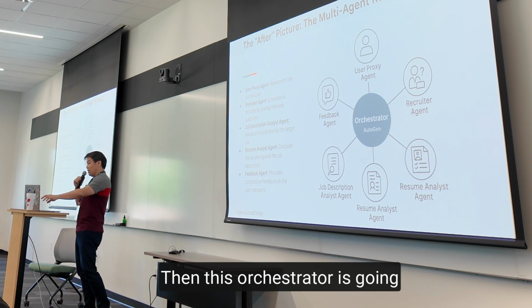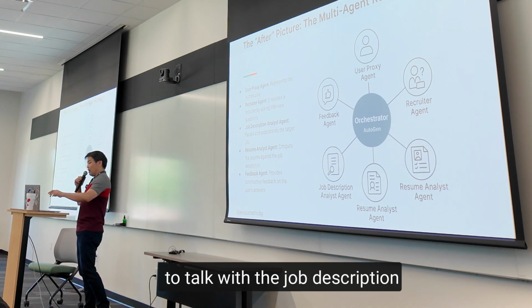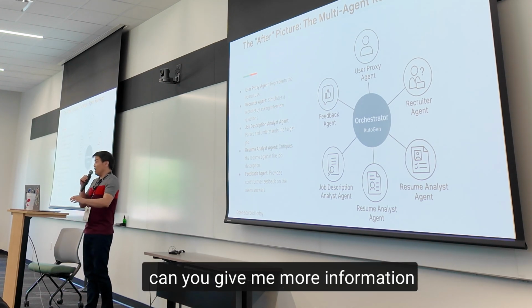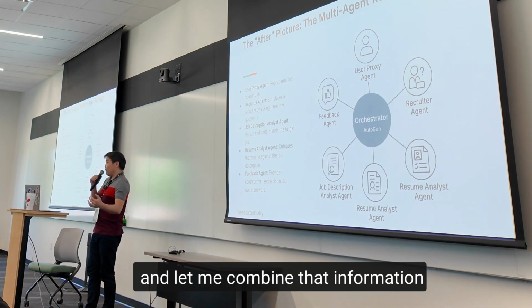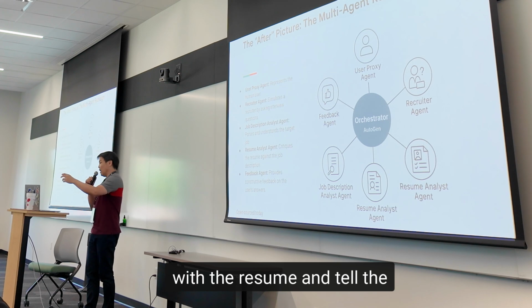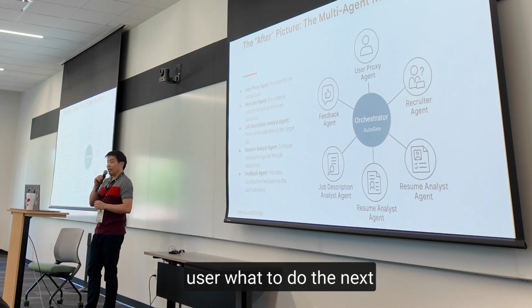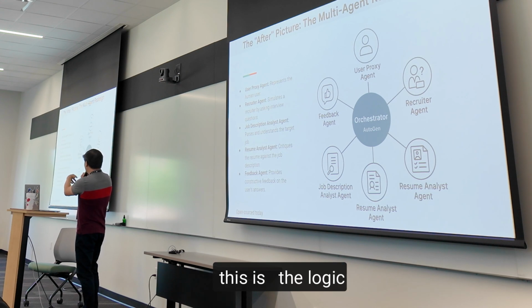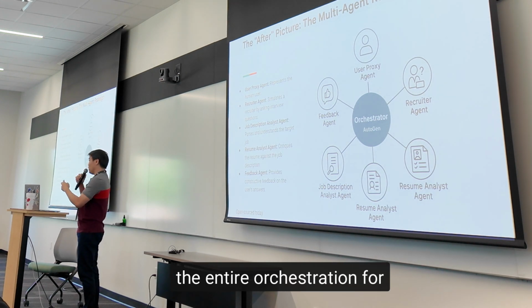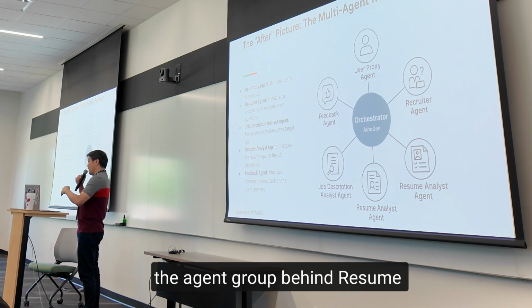Then the orchestrator talks with the job description agent, saying, can you give me more information, so I can combine that with the resume and tell the user what to do next. So this is basically the logic, the entire orchestration for the agent group behind Resume Guru.